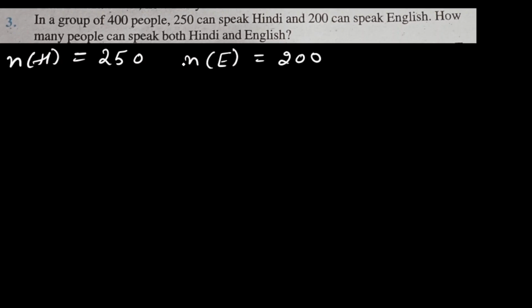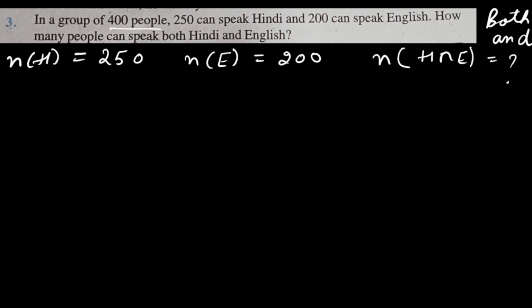How many people can speak both? See, both means intersection. Whenever you see these words, they mean you have to find the intersection. That means what you have to find? N of H intersection E. Now, what is this 400?